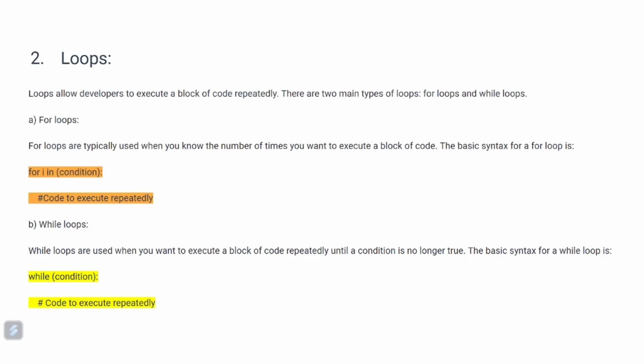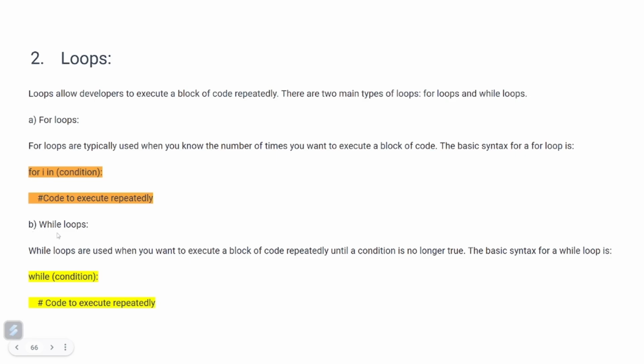If I have a program based on finding even numbers, then I can do for i in range 0 to 10. So i will be from 0 to 10, and by more programs I can find even numbers.